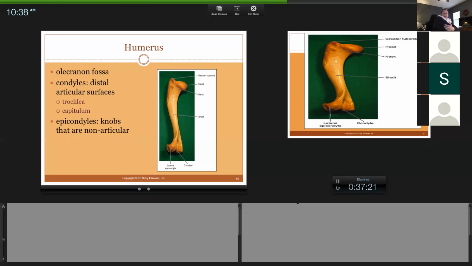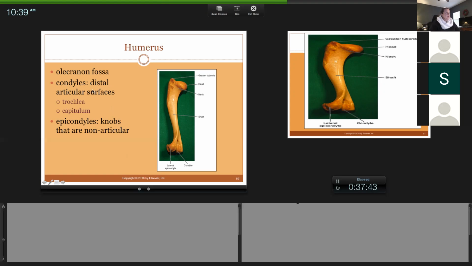And this is our olecranon. Okay, so here's my humerus. In the back of my humerus, there's a divot. So when I bend my elbow, it allows the olecranon to fit in and move. So the olecranon fossa is how they connect and are able to hinge.